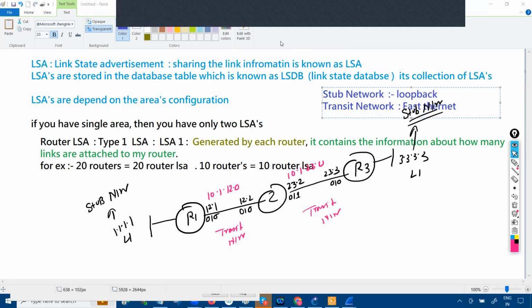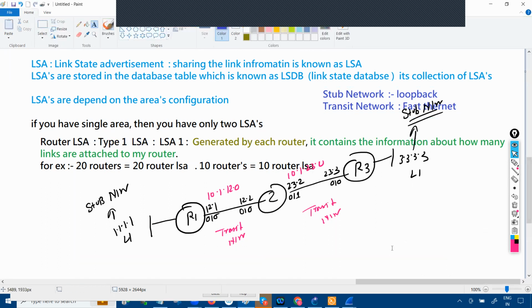Guys, I need your help over here. Can anyone tell me how many router LSAs are in this topology? How many router LSAs do we have in this topology?